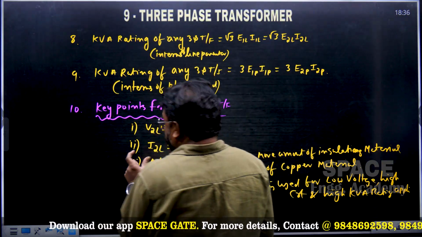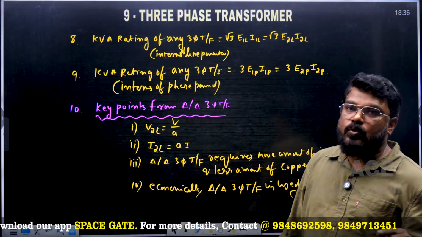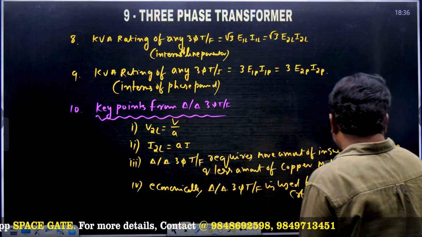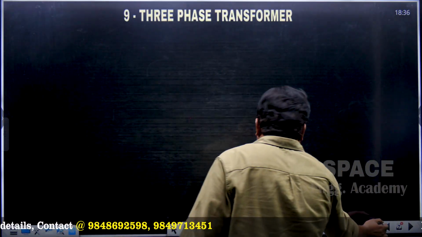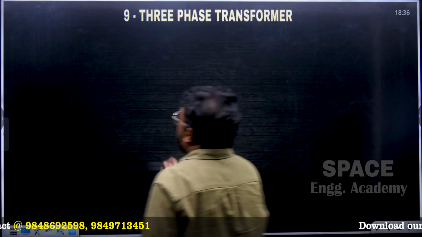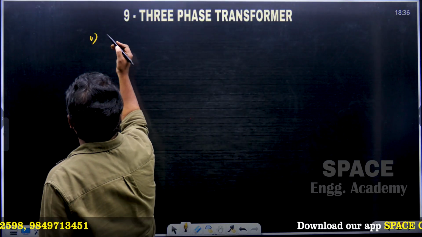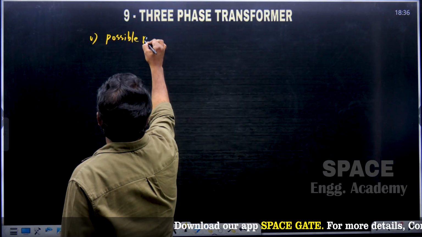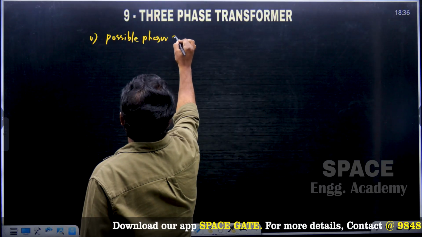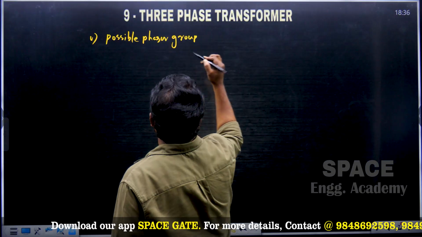And next, possible phasor groups of the delta three-phase transformer. The fifth point from the delta transformer is the possible phasor groups of the delta three-phase transformer.